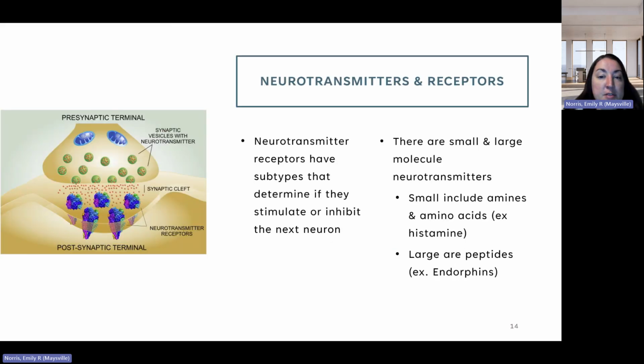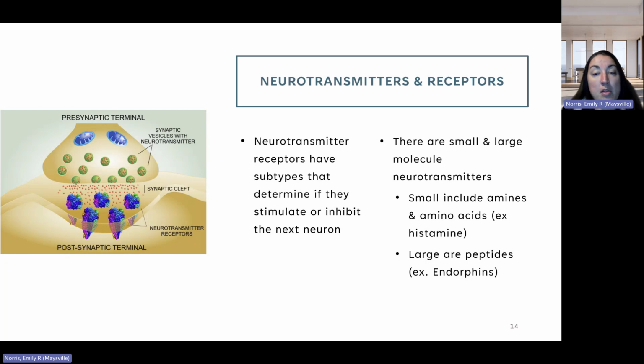With neurotransmitters and receptors, the neurotransmitter receptors have subtypes which determine if they stimulate or inhibit the next neuron. Each of the receptors can either stimulate a response or inhibit a response based on which part of the receptor the neurotransmitter binds to. There are large and small molecule neurotransmitters.